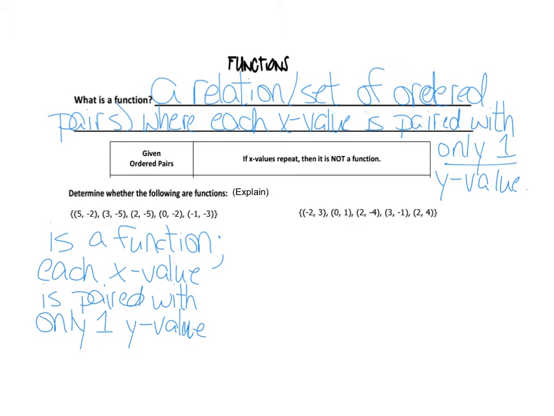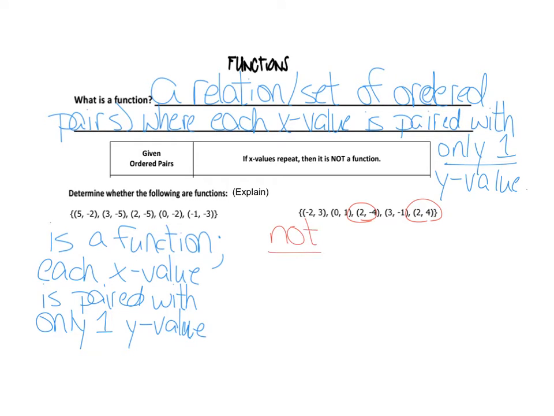Notice we don't care about the y values. This y value shows up twice, but we don't care. Y's don't matter when we're trying to decide if it's a function. We only look at the x values. Okay? Look at this next set of points. Is this a function? Look at your x values. Is there any x value that is paired with more than one y value? 2 is, right? 2 is paired with -4, and 2 is paired with 4.